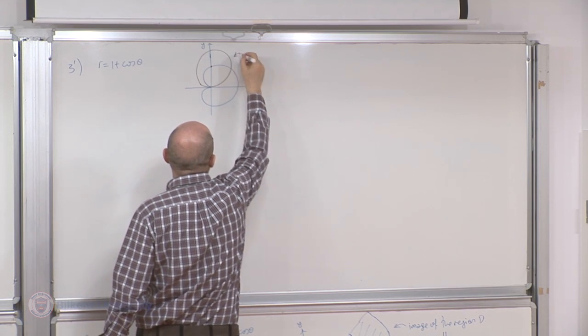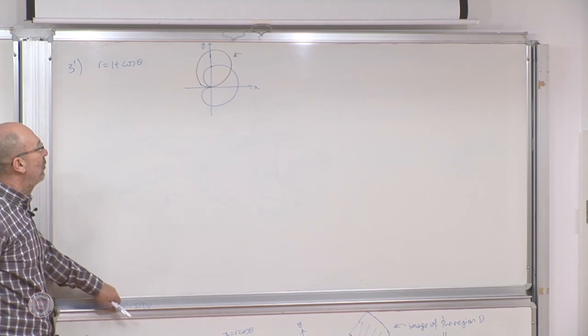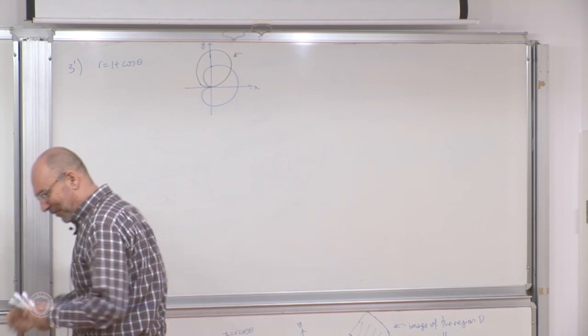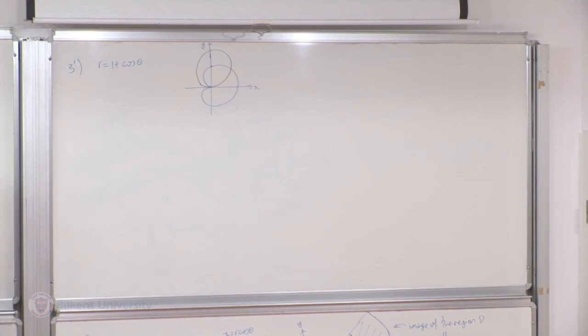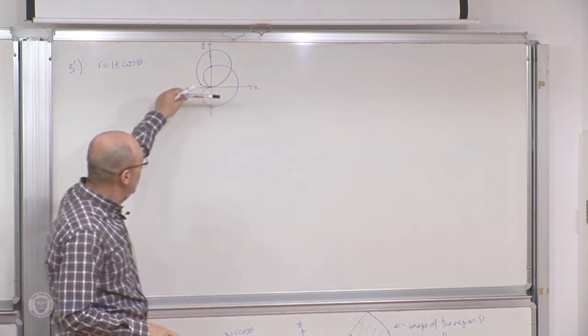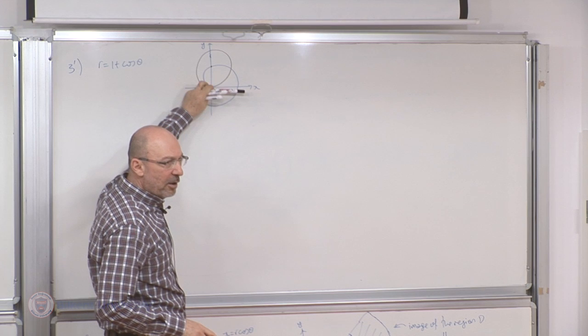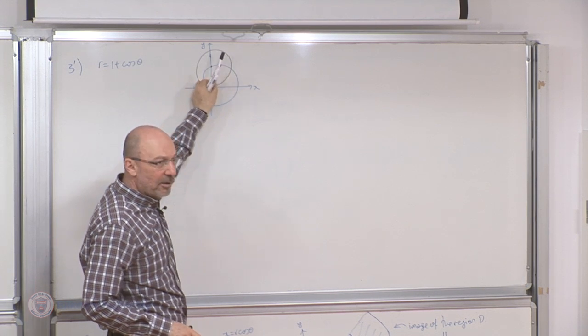What's the formula for that circle? I'll write it over here, in polar coordinates. First of all, it must have something to do with sine, because when theta is equal to 0, we have 0 here, and then it starts to increase.